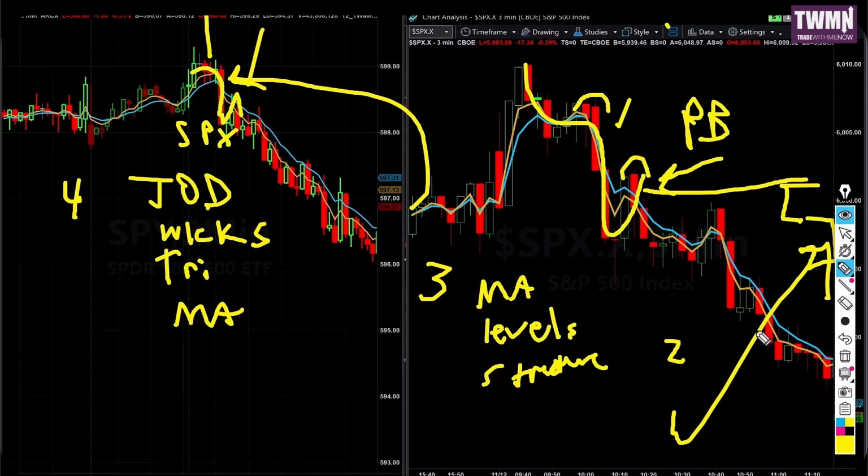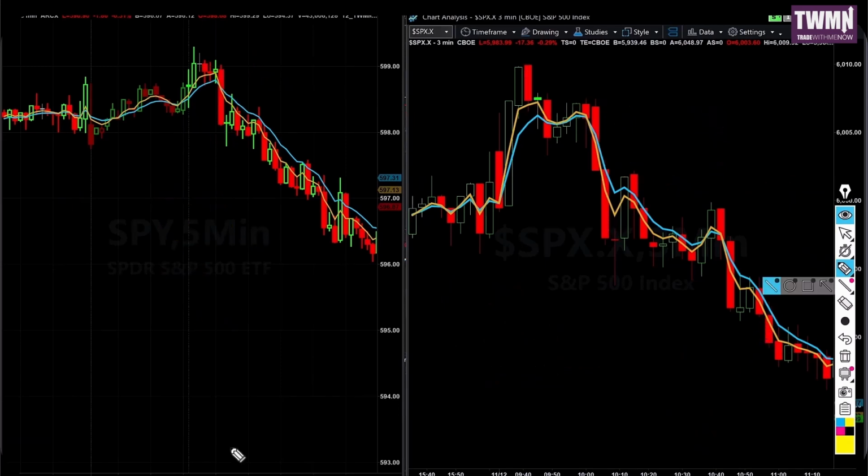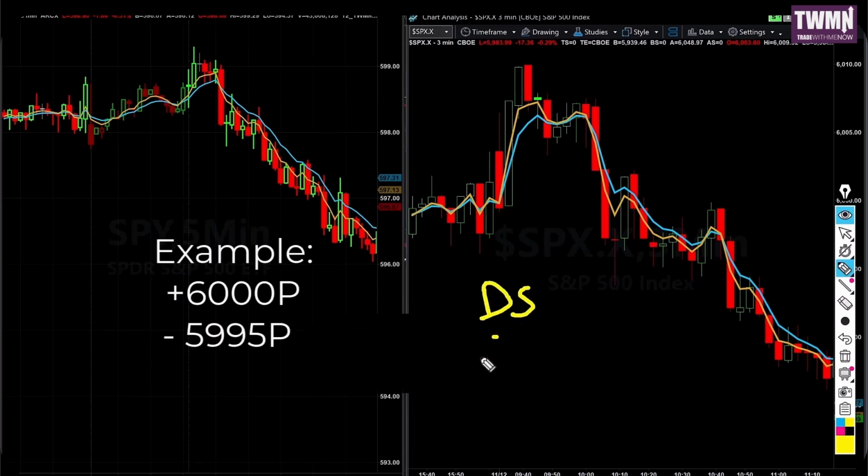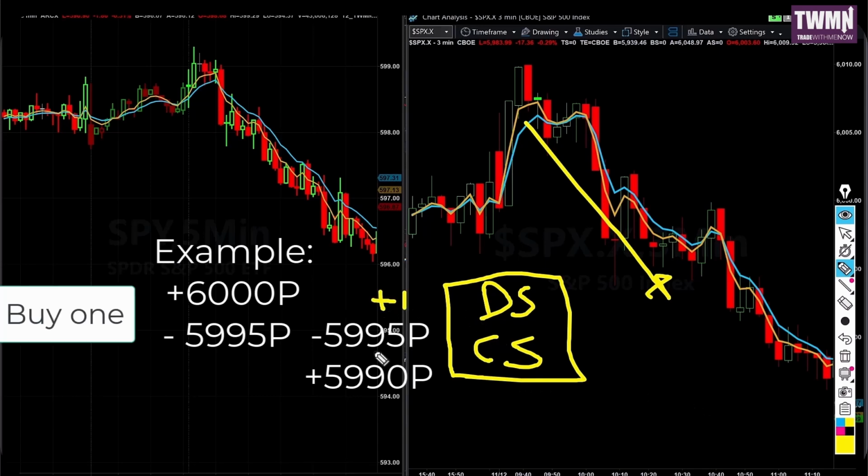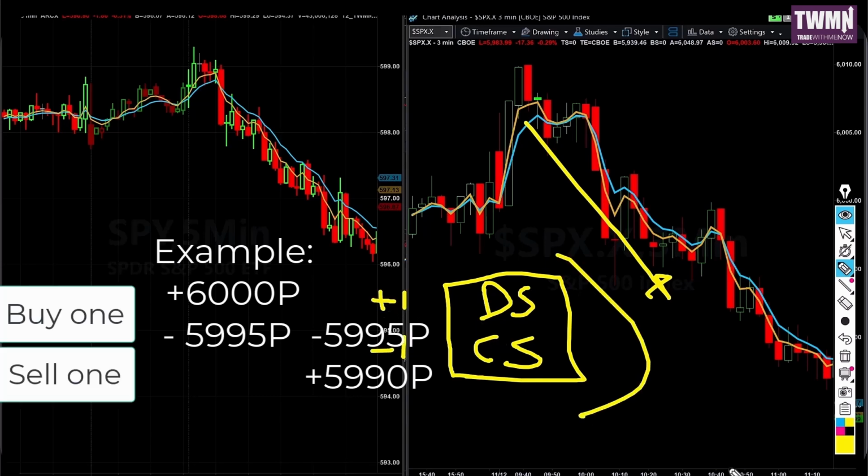Okay. So last part here, what I've shown you is that you buy a debit spread and then you add the credit spread. And that forms, if you're going this way, right, that forms the butterfly. And that's just one contract, right? You buy one and you sell one, and then you end up with the butterfly.